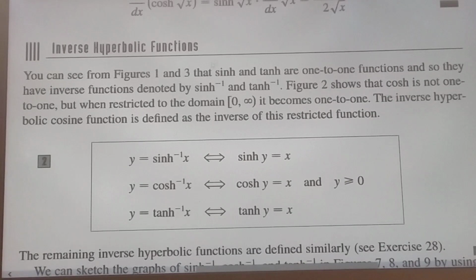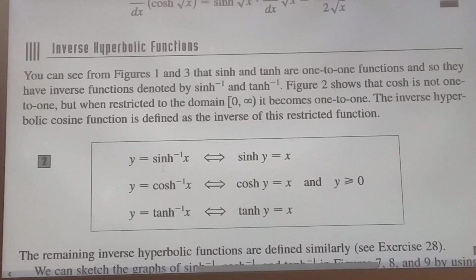For example, y is denoted by sinh^-1 x, which implies that if you want to make x the subject of the formula, you invert, where there is y, you replace with an x. For example, y is equal to inverse sinh x, which means the inverse of this will be sinh y is equal to x.